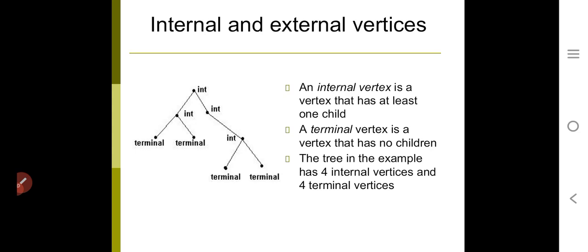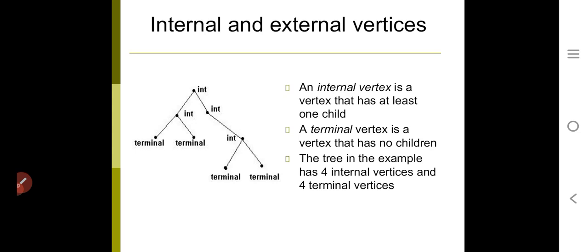Degree means the number of edges incident on a specific vertex. Likewise, an internal vertex has degree 2 and has only one child.